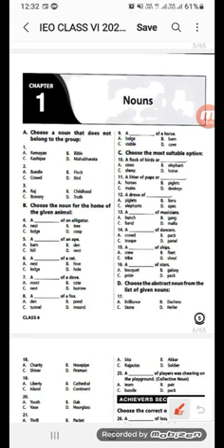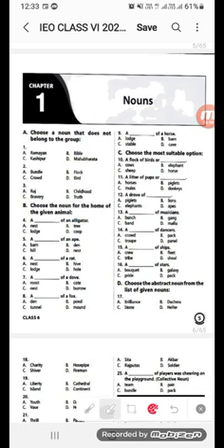Now exercise C. Choose the most suitable option. A flock of birds. The term flock, which we have already discussed, is an example of a collective noun. We can use this term for which animals? We can use it for birds as well as for sheep also.